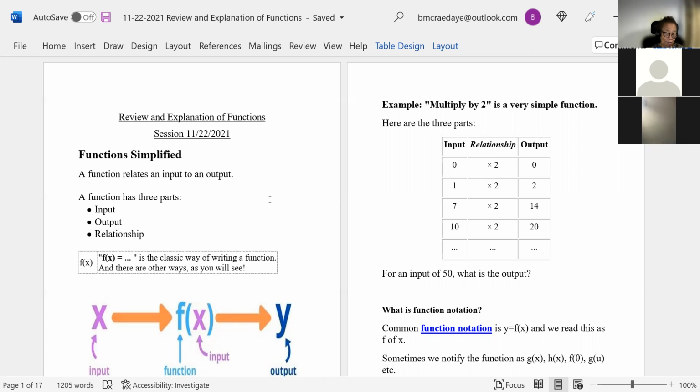We just didn't call that a function, but it really was a function. So it's just another way of writing it. Instead of saying y equals something, we use function notation, f of a variable. So it's nothing new. It's just a different way of representing it.